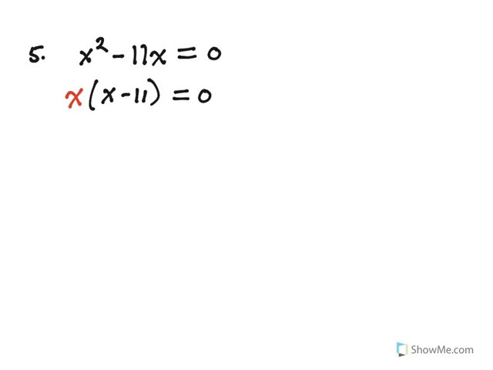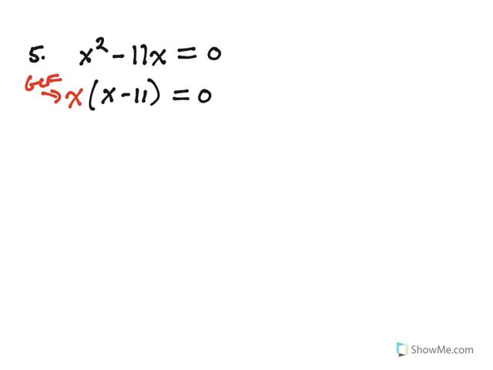Okay, let's do another one. Here we don't have a difference of perfect squares. The only thing we can factor out is a GCF. And the GCF is going to be x. So x minus 11 stays behind. So again, we have to factor out a GCF here.